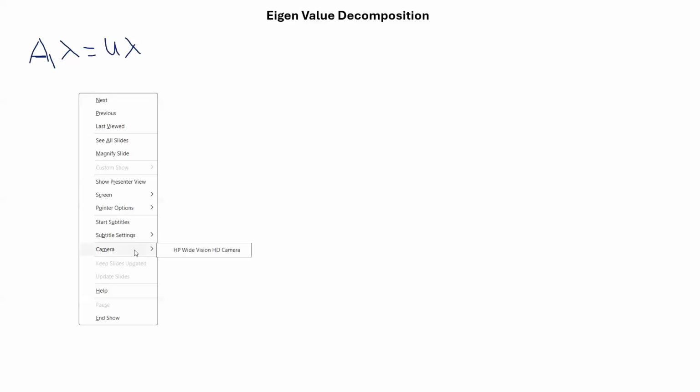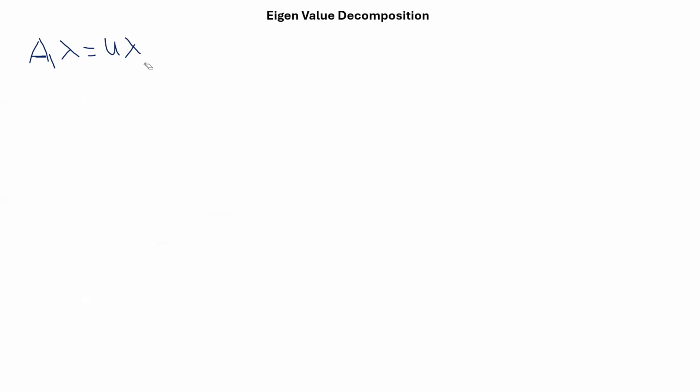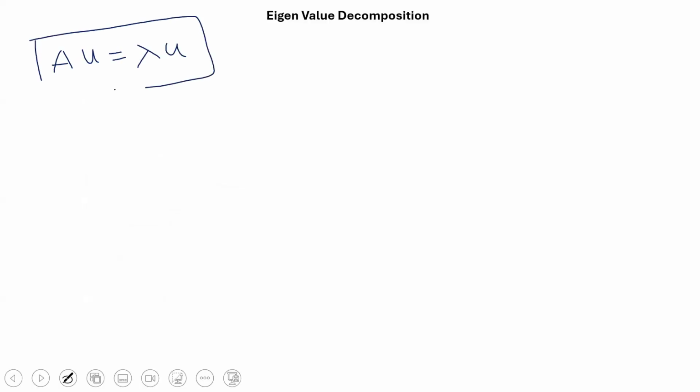When I say eigenvalue decomposition, you know, A into u is lambda into u, where lambda is the eigenvalue and u is the eigenvector. So u is the eigenvector of A and lambda is the eigenvalue of A.